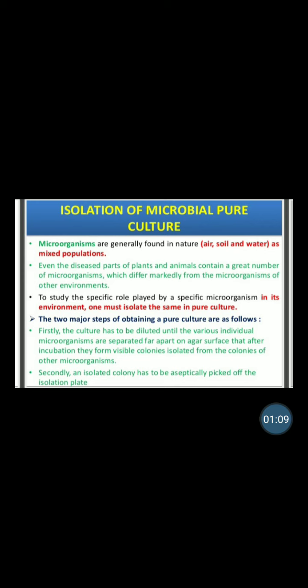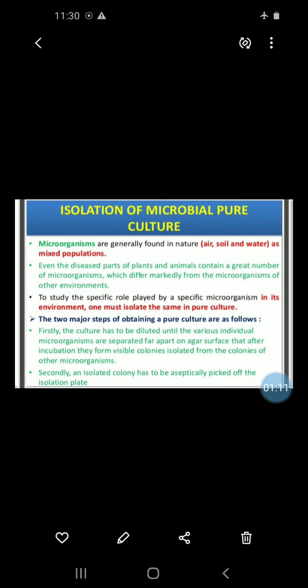In the first step, the culture has to be diluted until various individual microorganisms are separated far apart on an agar surface, so that after incubation they form visible colonies isolated from the colonies of other microorganisms. What is the first step?